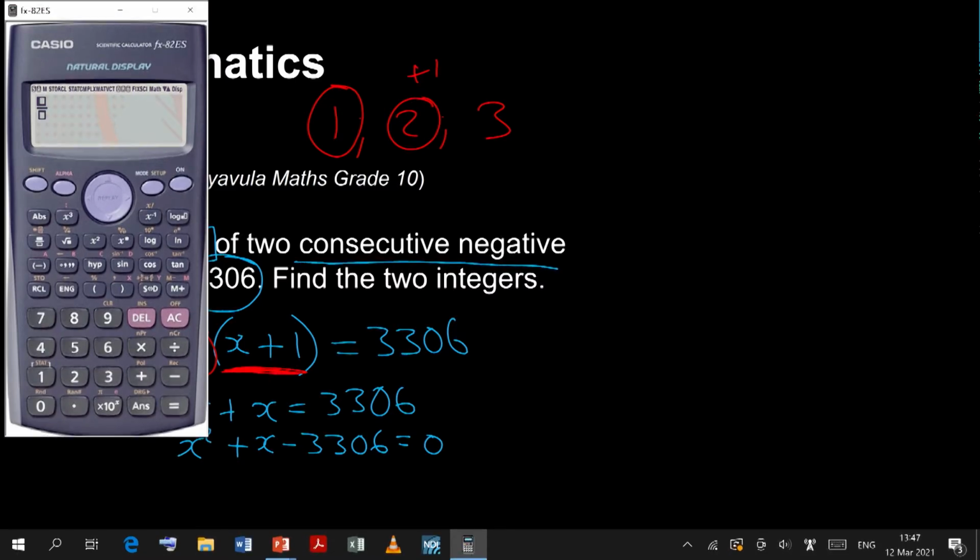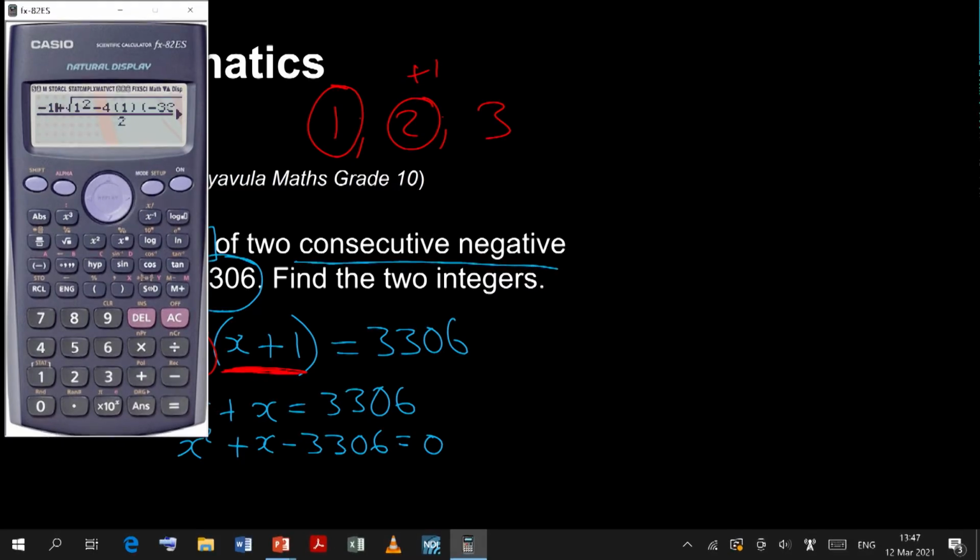So remember, this formula is going to be minus b. So that's minus 1 plus, let's just quickly check whether this will give us what we want, the square root of 1 squared minus 4 times 1 times negative 3,306. We call this a quadratic equation, by the way, to solve equations that are too big or that we cannot factorize. And this will be divided by 2, and this will give me 57.